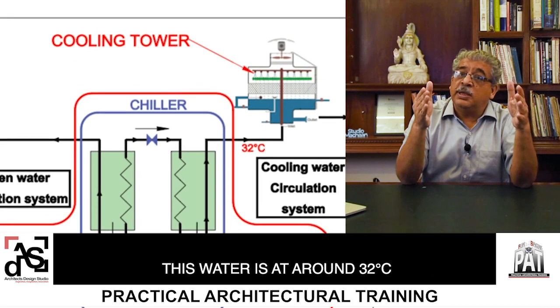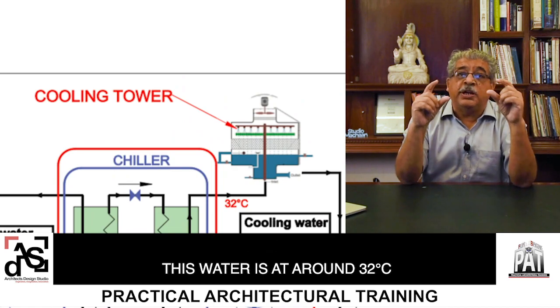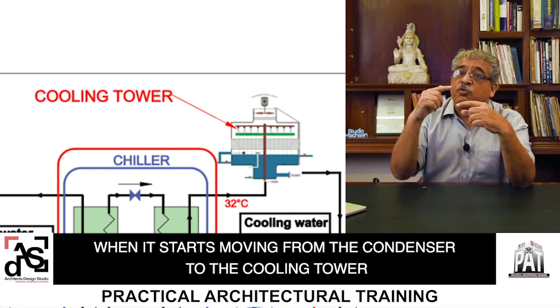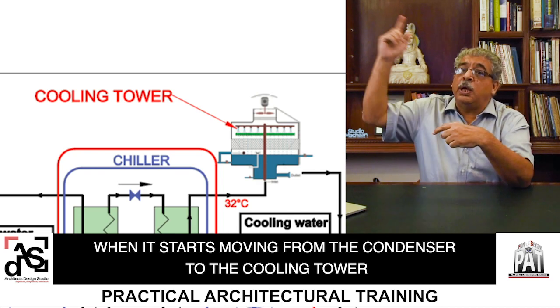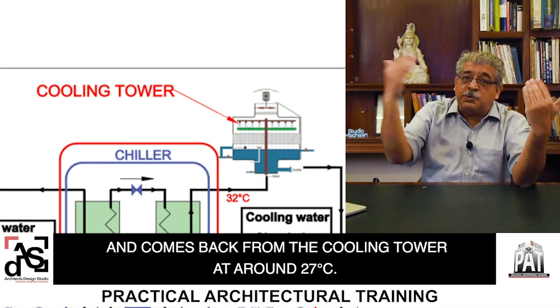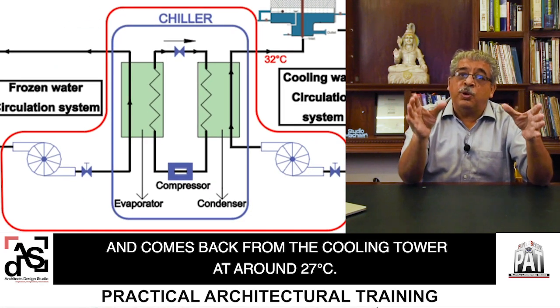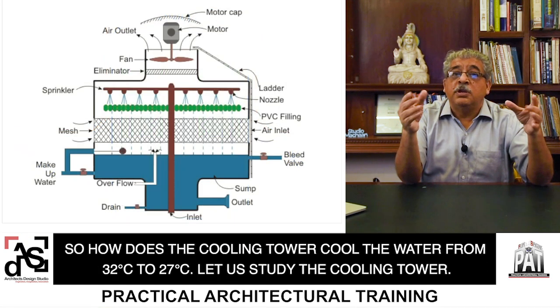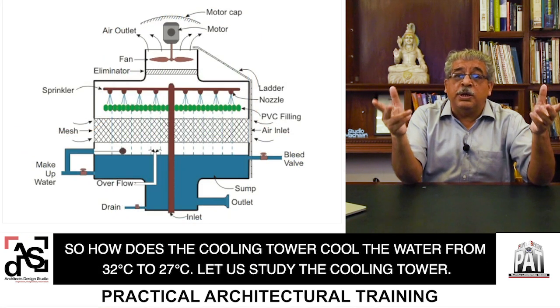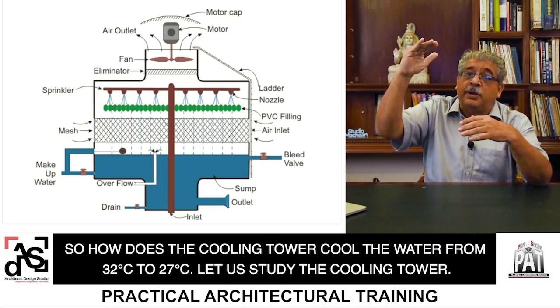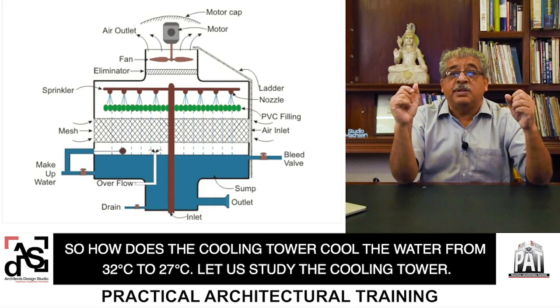This water is at around 32 degrees centigrade when it starts moving from the condenser to the cooling tower and comes back from there, from the cooling tower, at around 27 degrees centigrade. So, how does the cooling tower cool the water from 32 degrees centigrade to 27 degrees centigrade?